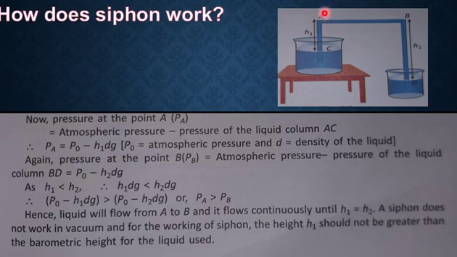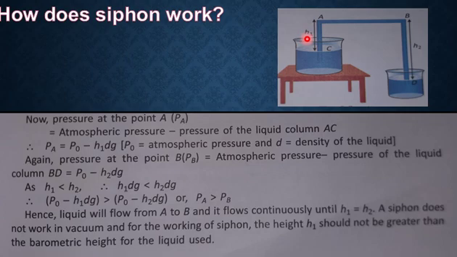So if P0 is the atmospheric pressure, then the net pressure here will be P0 minus H1 dg, and here it will be P0 minus H2 into d into g. Now as you can see, H2 is longer than H1. As H2 is longer than H1, that's why H2 into d into g will be more than H1 into d into g.